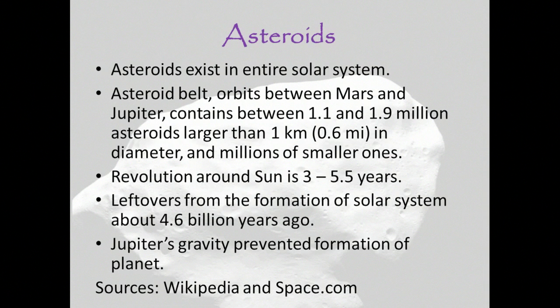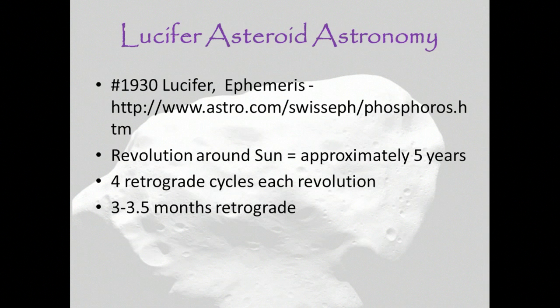Now, the asteroid Lucifer, all of these asteroids also get a number. And Lucifer happens to be number 1930. And here's the ephemeris to go online to get it. Again, if you're just listening on an audio, you're not going to see it on the screen, but you get your PDF files afterwards for attending.